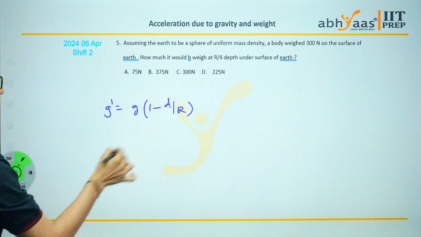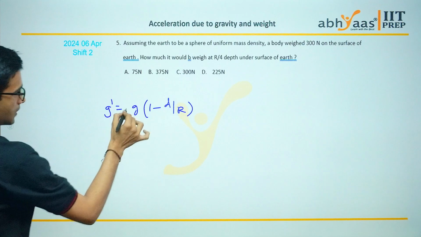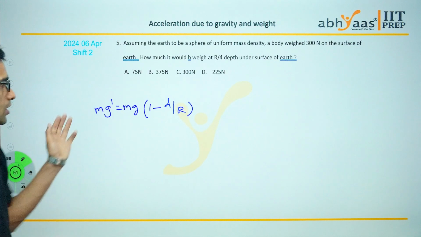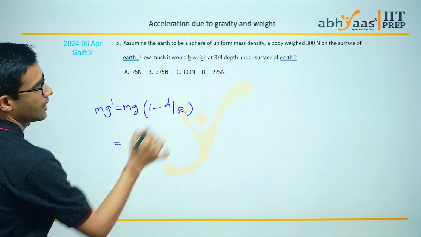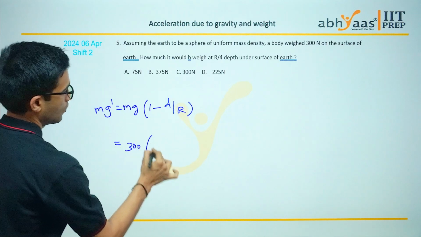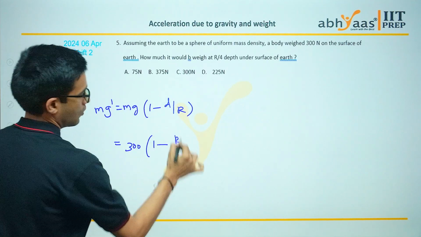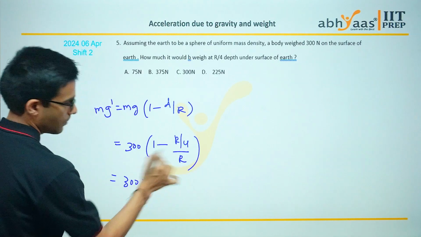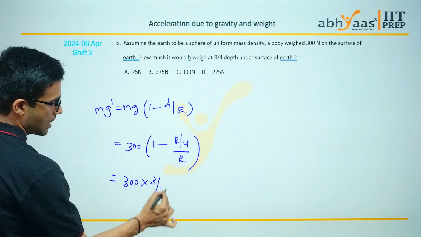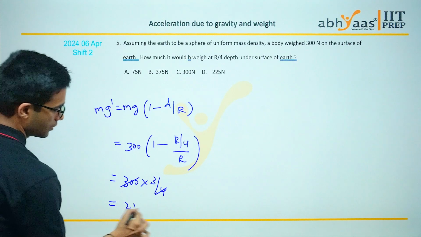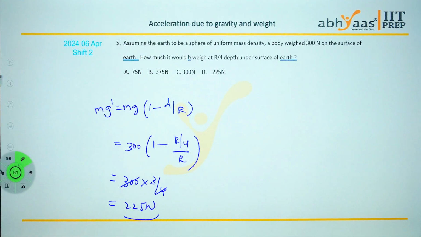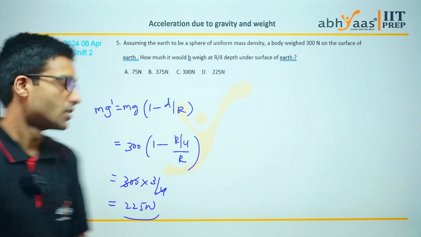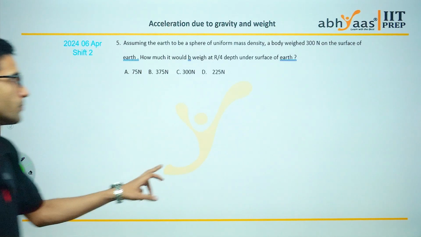He has given mg directly, so if you multiply both sides you will get the answer directly. mg is 300 newtons into (1 minus (R by 4) by R). That is 300 into 3 by 4, since 1 minus 1 by 4 is 3 by 4. Directly you will get 75 into 3, that is 225 newtons. So in hardly 2 steps you are getting 4 marks. Is it simple or not? Very, very simple. This is a chota bacha problem.